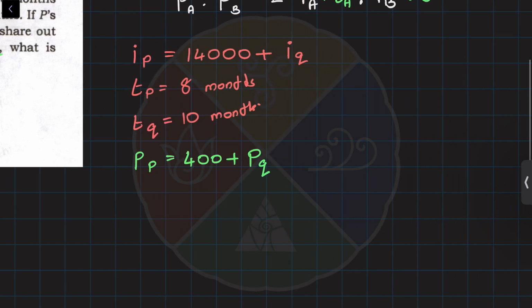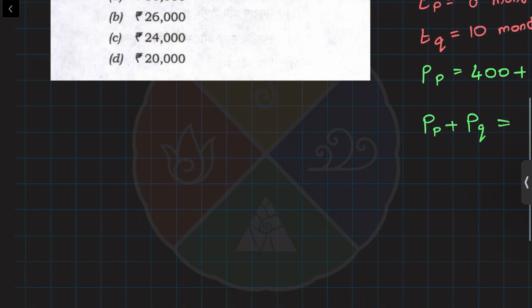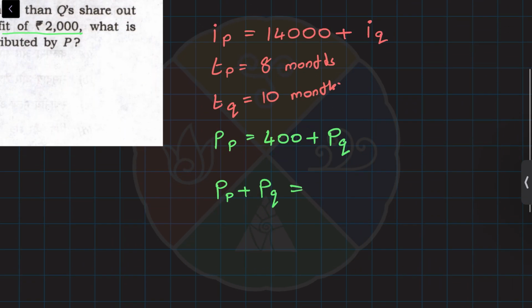Total profit is profit of P plus profit of Q, and that is 2000.